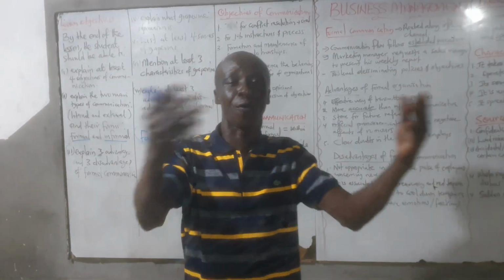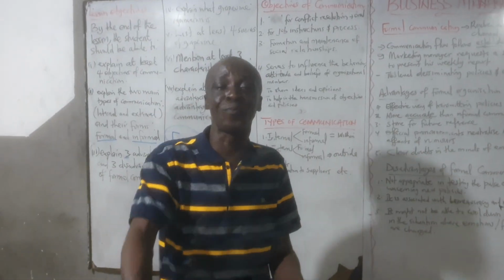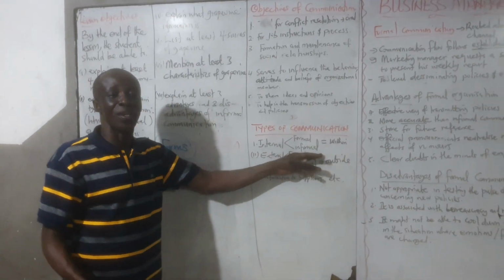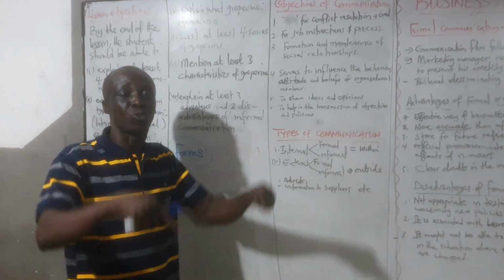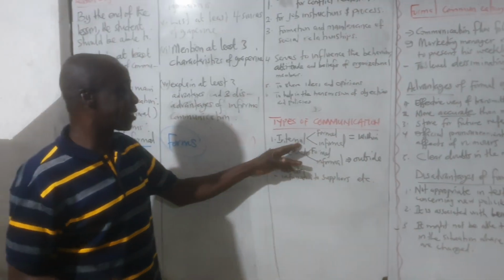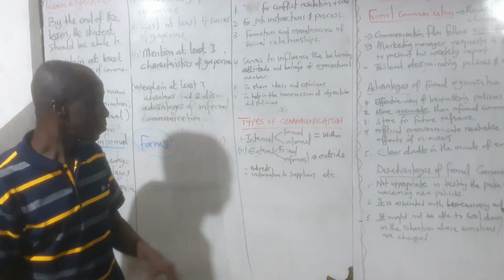All these are informal. And there is a formal one where your boss says, give me the report today, do this. And it is through communication. All these things take place within the organization. So that is the internal communication, which can be formal or informal.